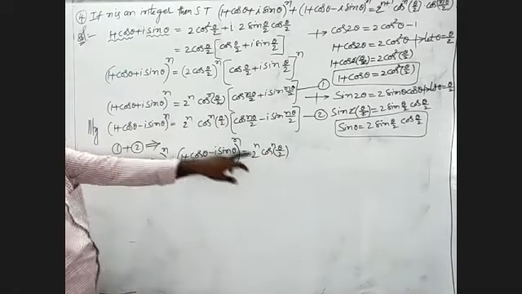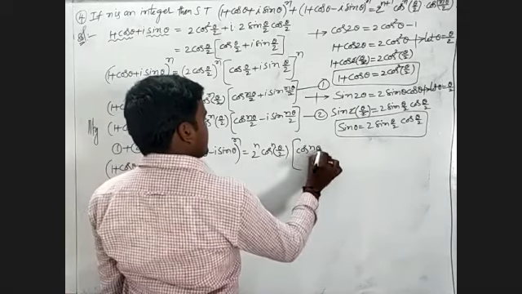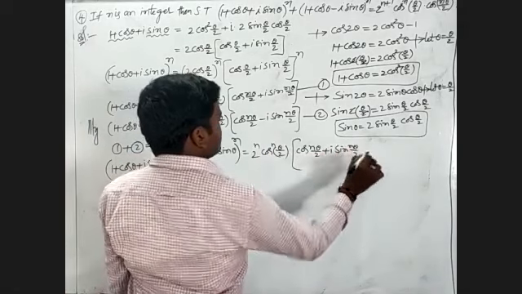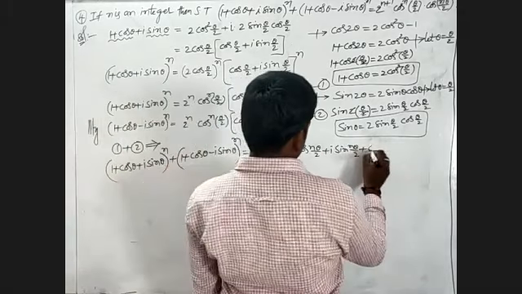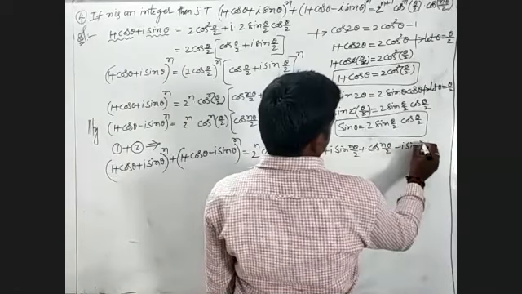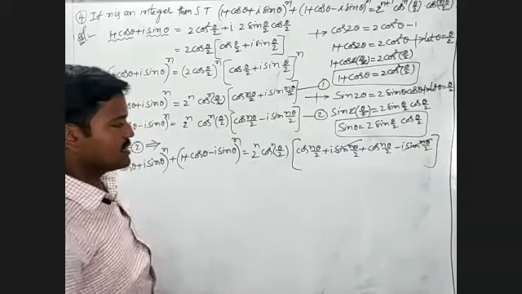In both terms, this is common. Remaining we have to write cos n theta by 2 plus i sin n theta by 2, plus cos n theta by 2 minus i sin n theta by 2, where the minus and plus values will be cancelled.